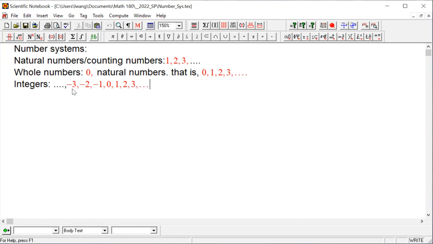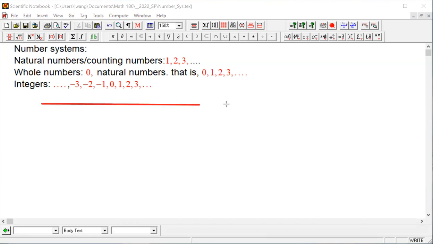So you see, I'm writing these numbers down as if they're on the number line. Okay, so if we think of that, we have a number line here. Maybe I should change to a different color, so that way we can use red for something more important.